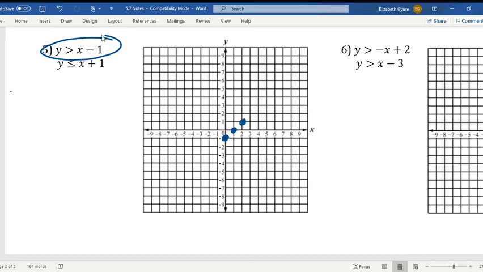Lynn, should I use a solid or a dotted line here? Dotted, very good. We need a dotted line. And then this is a greater than symbol. Bailey, if this is a greater than symbol, should I shade above my line or below my line?